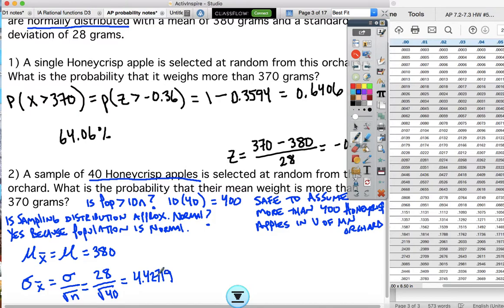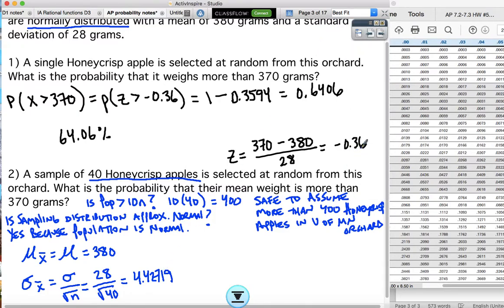Now I'm going to leave all of these decimal places. When we're talking about z-scores, like up here, I rounded to 2 decimal places. But for standard deviations, it's best to leave as many decimal places as you can, and then round after you've computed the z-score. So that's what I'm going to do now. I'm going to get my z-score.